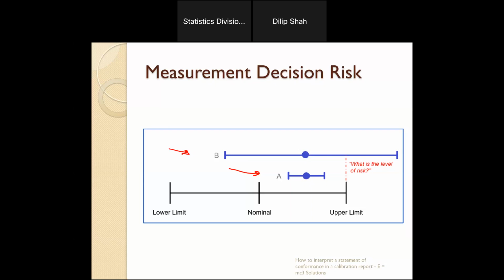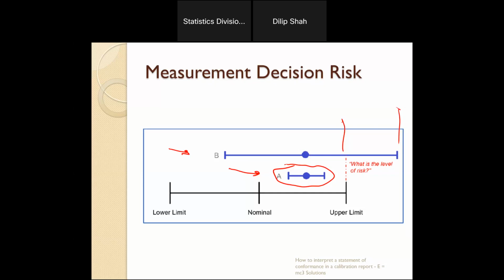If I use instrument A or process A, you can see the uncertainty is within my upper and lower specification limits, and there is no risk associated with that. If I make it with process B or instrument B, you can see there is this risk I'm taking, and that is my probability of false accept that I have to take.